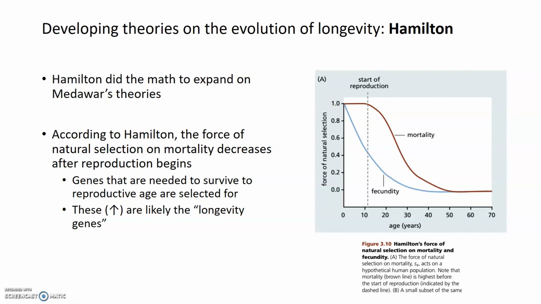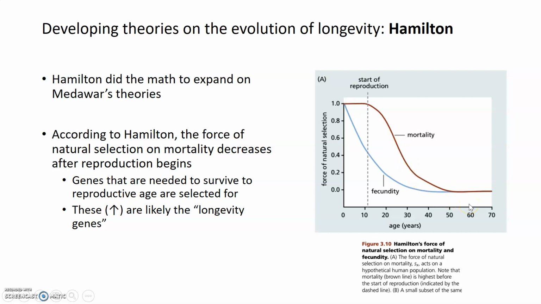It's very, very high. So any genes that are involved in determining mortality have a very high selection pressure on them until the start of reproduction. And then after reproduction, the selection pressure on those genes decreases a lot.